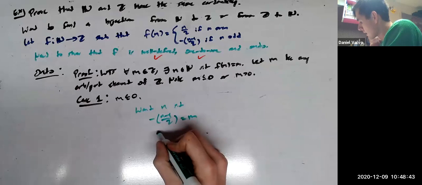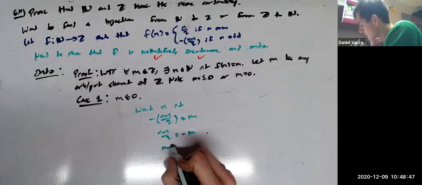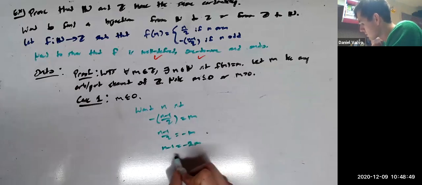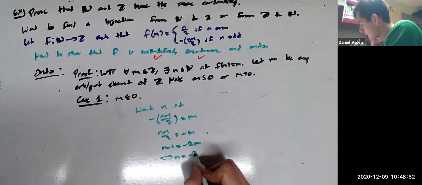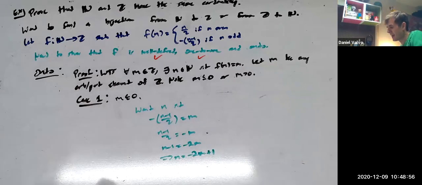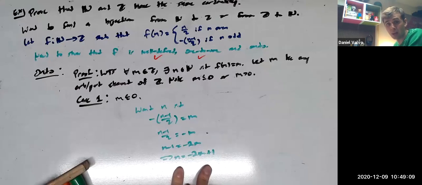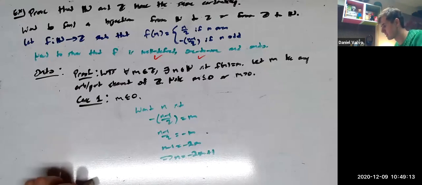That implies that n minus 1 over 2 equals negative m, which implies that n minus 1 equals negative 2m, which implies that n equals negative 2m plus 1. And notice, if m is negative, then negative 2 times m will be positive. Therefore, negative 2 times m plus 1 will be positive. And so n will truly be a natural number, and it's odd because it's 2 times something plus 1.